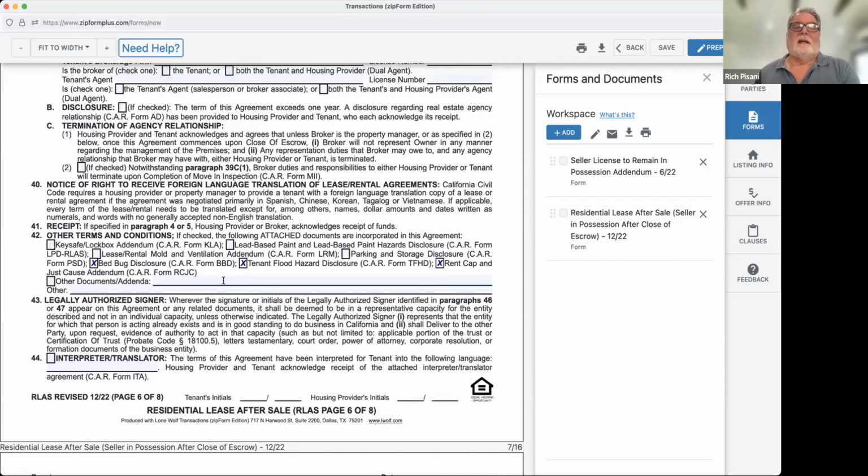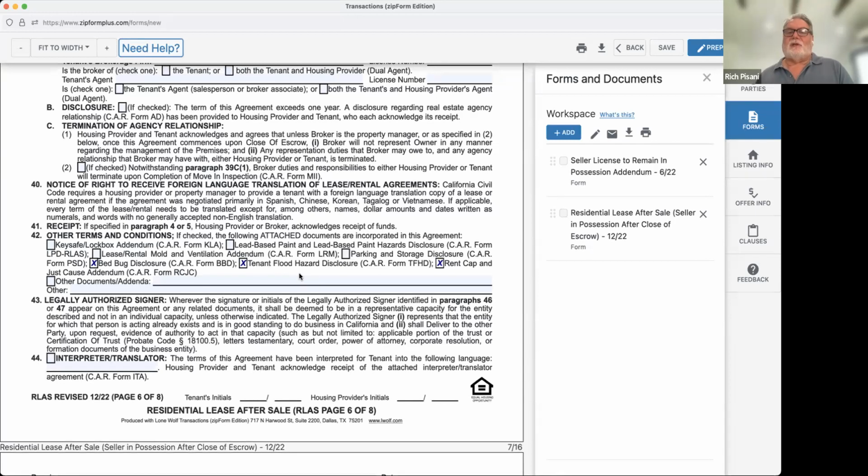Housing provider and tenant acknowledge and agree that unless broker is the property manager, and none of us are property managers, or as specified in 2 below, once this agreement commences, meaning once this agreement starts upon close of escrow, the broker will not represent owner in any manner regarding the management of the premises.